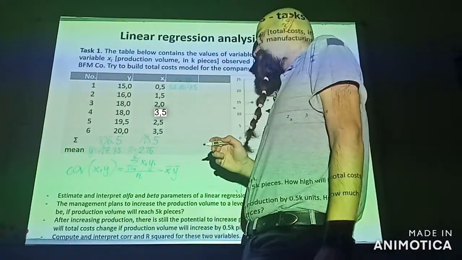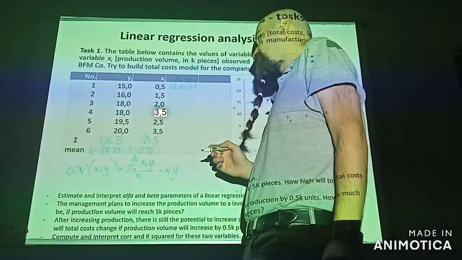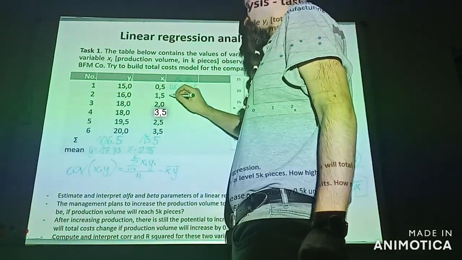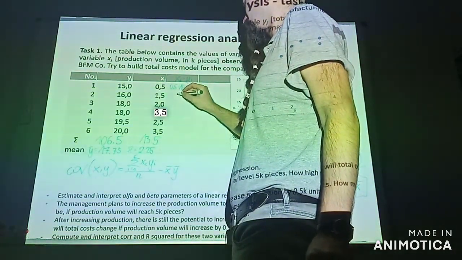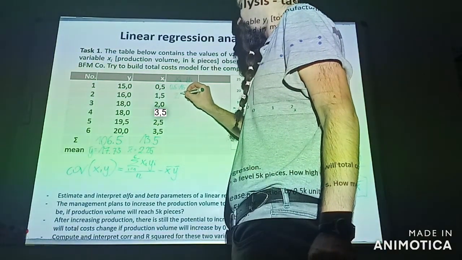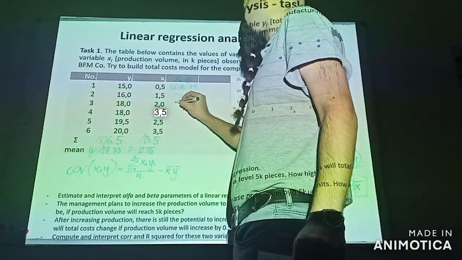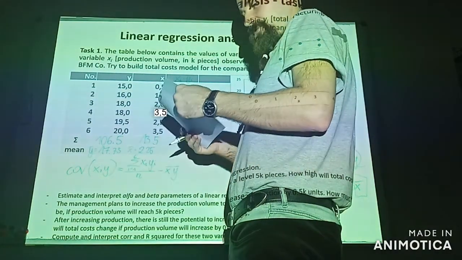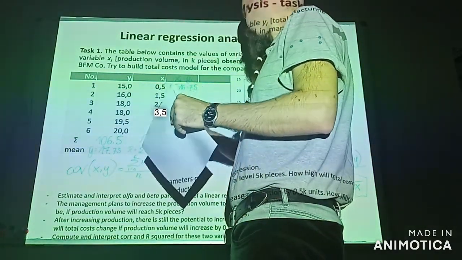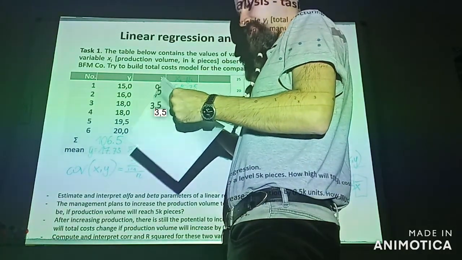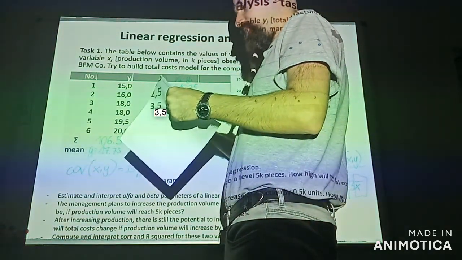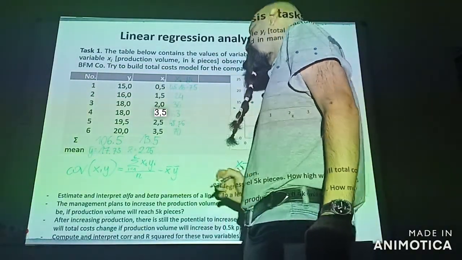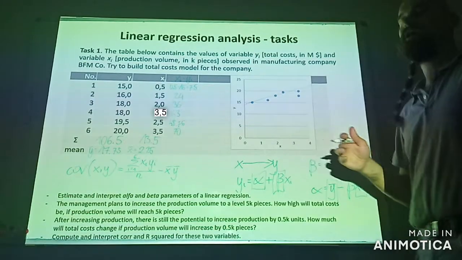Here we have 16 by 1.5. It is 24. Here we have 36. Here we have, okay, I need a cheat sheet. 63, 48.75, and 70. Yeah? We know all the products.